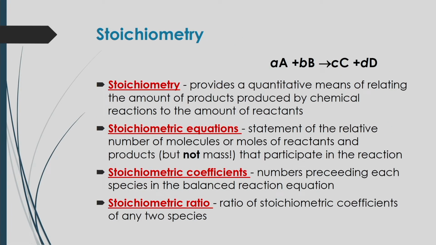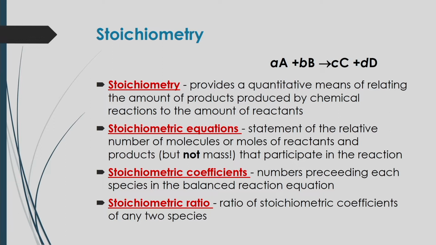Now, this stoichiometry, for a particular reaction equation, will provide a quantitative means of relating the amount of products produced by chemical reactions to the amount of reactants. In this stoichiometry you will get the stoichiometric equation that will give you the statement of the relative number of molecules or moles of reactants and products, but not mass, that participate in the reaction.